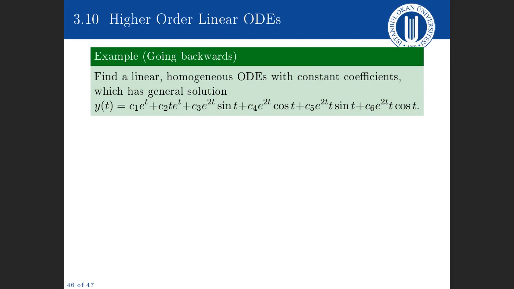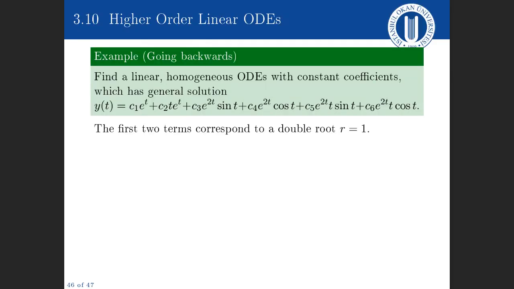So what can we say here? What are the roots of the characteristic equation going to be? Let's look at the first two terms. That's c1 e to the power t plus c2 t e to the power t. They both correspond to the root r equal to 1.